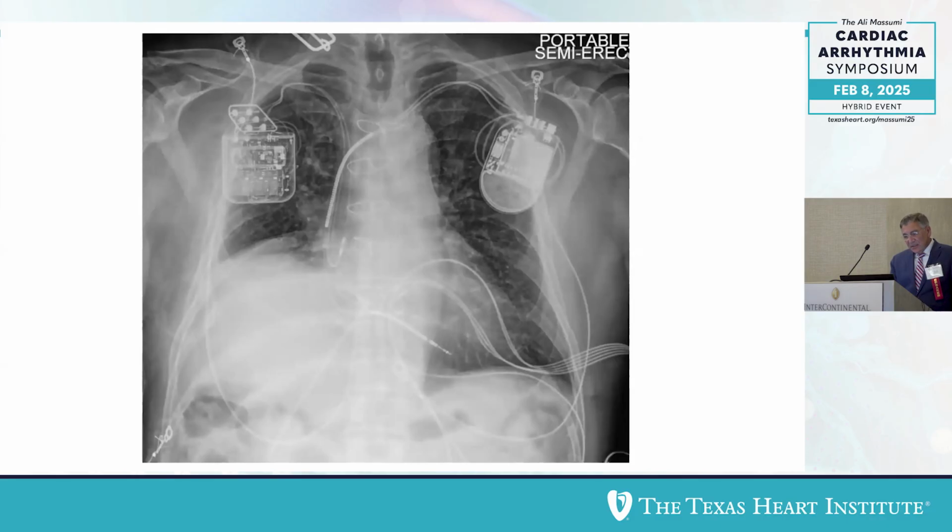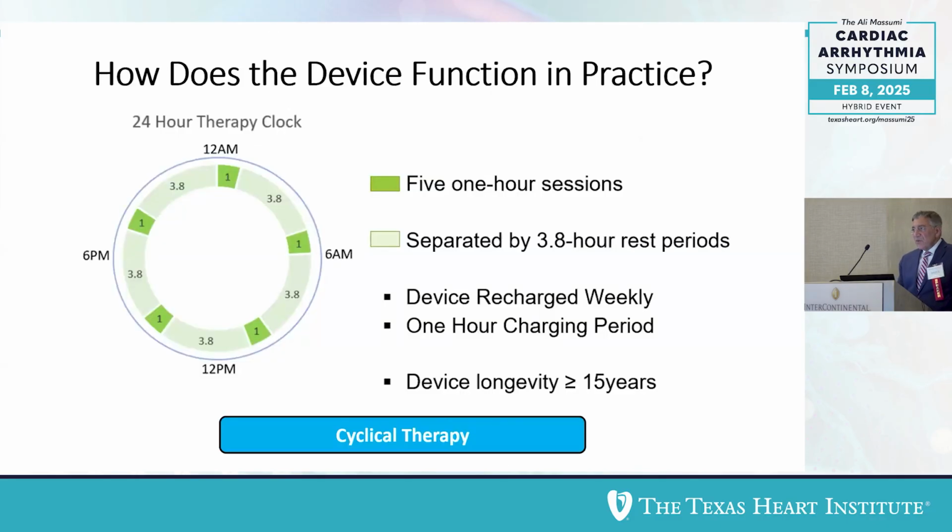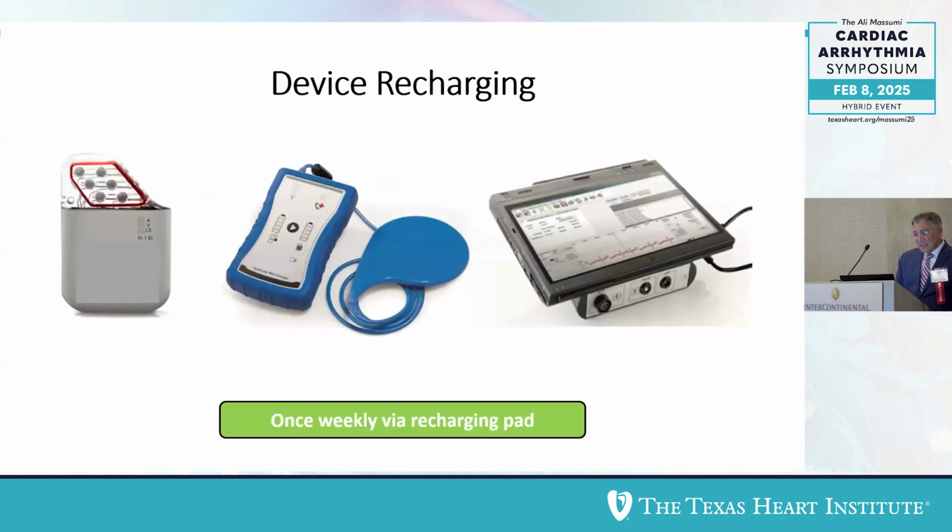It is rechargeable, delivering 5 sessions, 1 hour each, and the longevity is a great thing. You don't have to go for a change-out or anything. This is the battery and pulse generator, and that's the charging.